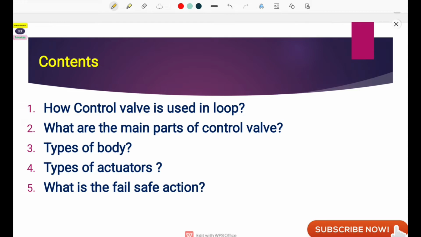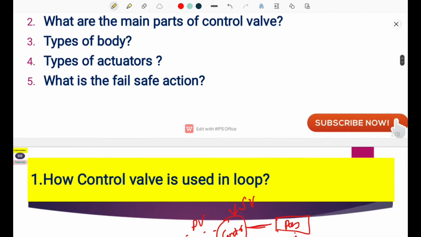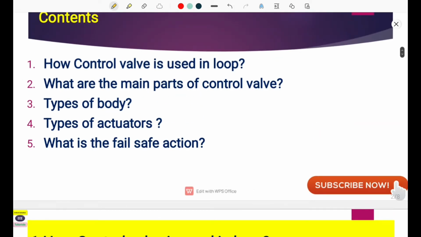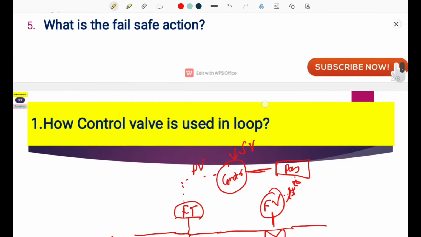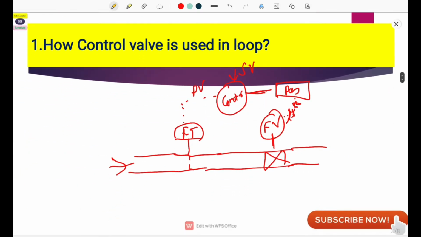We will also talk about the main parts of the control valve and the types of body generally used in industry, the types of actuators used, and what the fail-safe action is. So please watch the full video so that you get everything we have covered in our content. This is our first question: how is a control valve used in a loop.